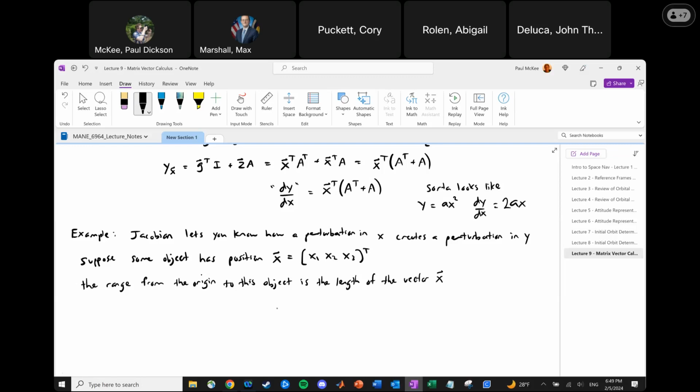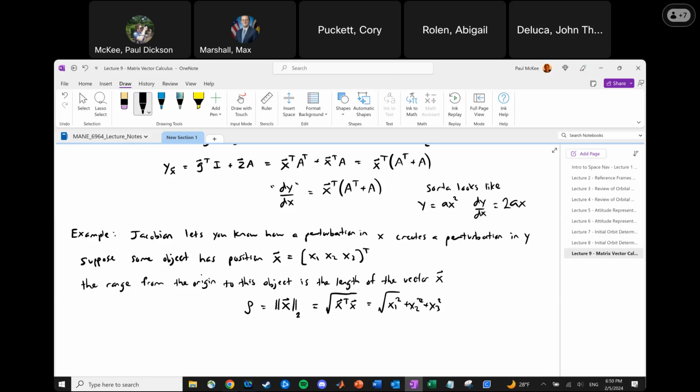So we're going to define it like this. Rho is equal to the norm of x, like this. Technically it's the 2 norm of x. Or we could think of it as the square root of x transpose x. Or you could think of it as the square root of x1 squared plus x2 squared plus x3 squared.